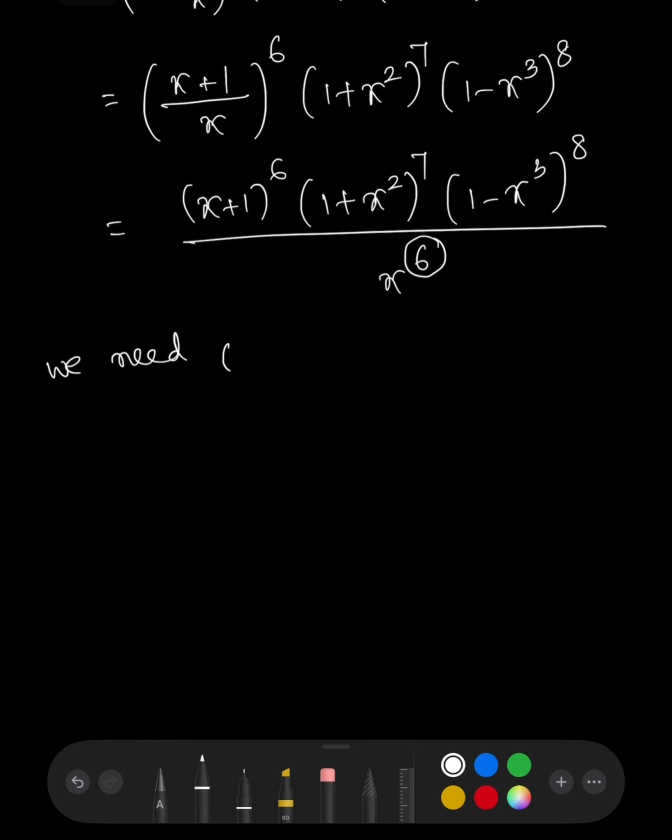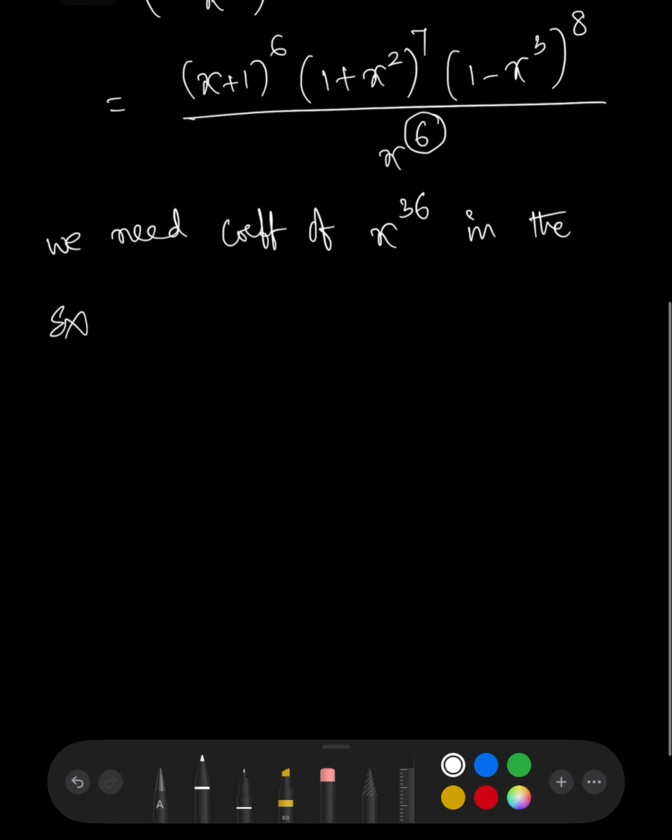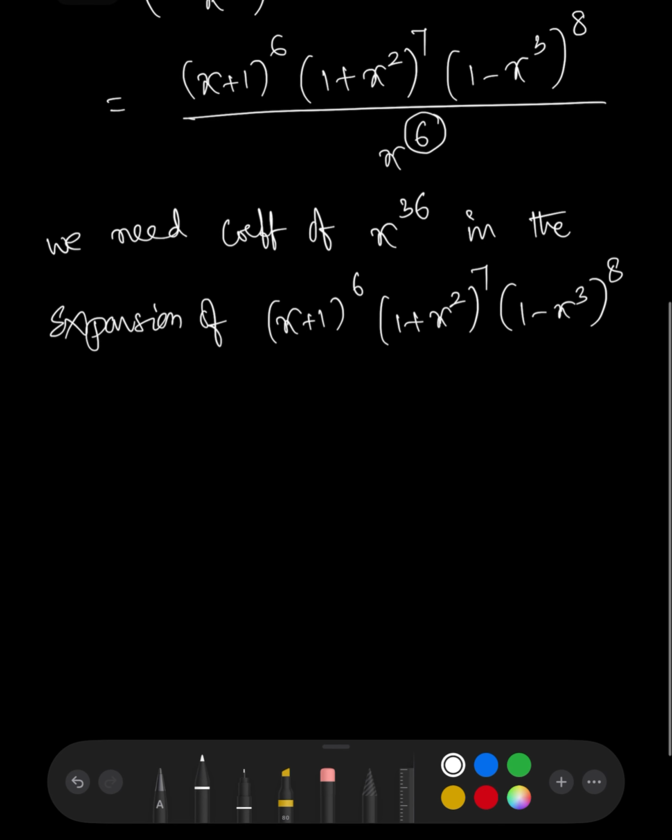We need the coefficient of x power 36, because the denominator x power 6 is already there. So x power 36 in the expansion of (x + 1) whole power 6 into (1 + x²) whole power 7 into (1 − x³) whole power 8.